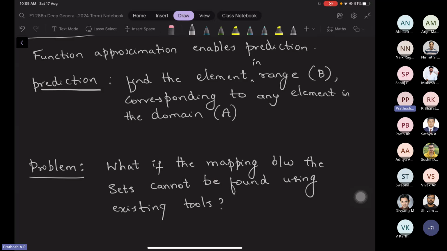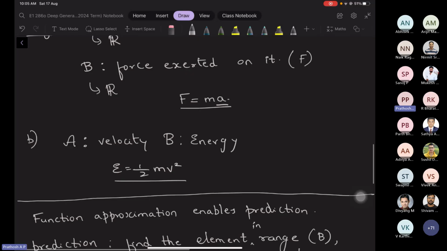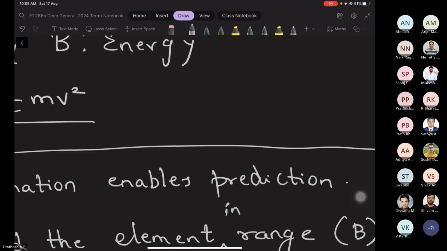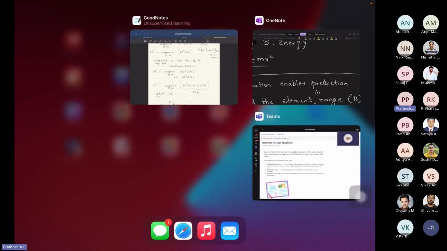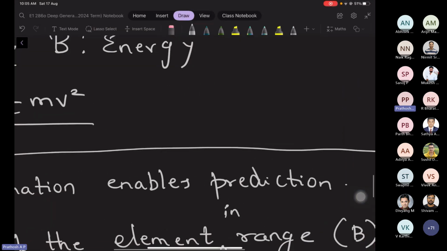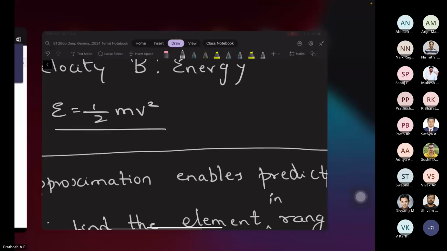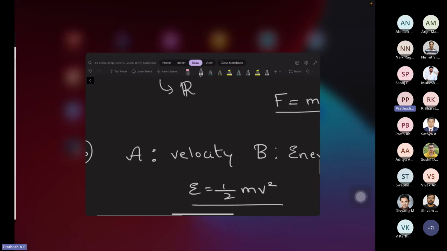See, as he was pointing out, you can take another example.